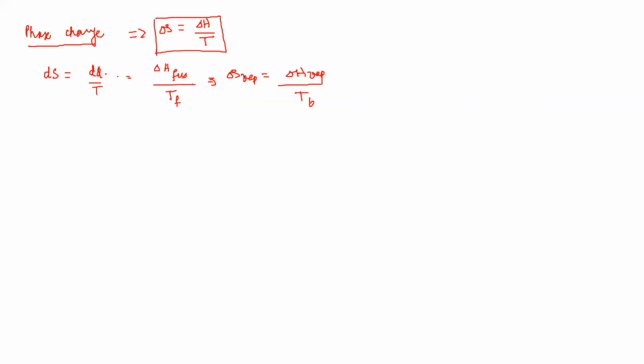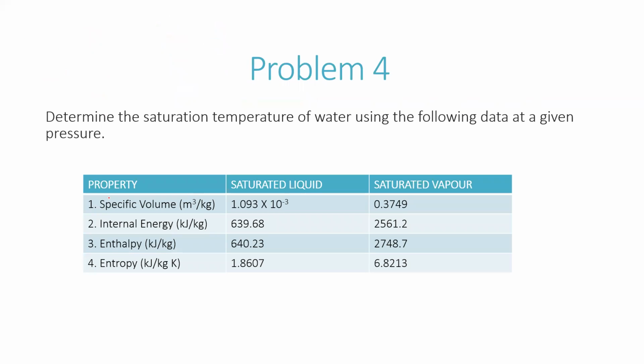Now over here, they have given us the enthalpy change and entropy change. We're only supposed to find the temperature. So that's very easy.